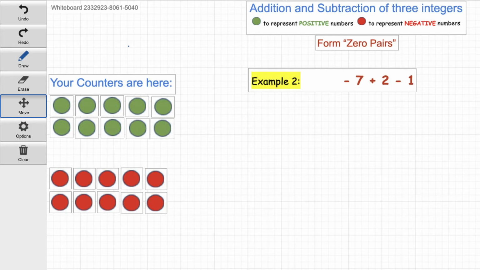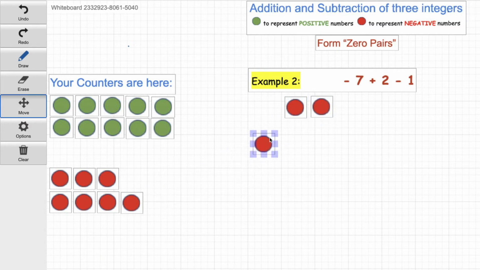The first number that we have here in example 2 is negative 7. So which color counter are we going to use to represent the negative 7? Very good. We're going to use a red counter to represent negative 7. So we're going to drag 7 red counters.